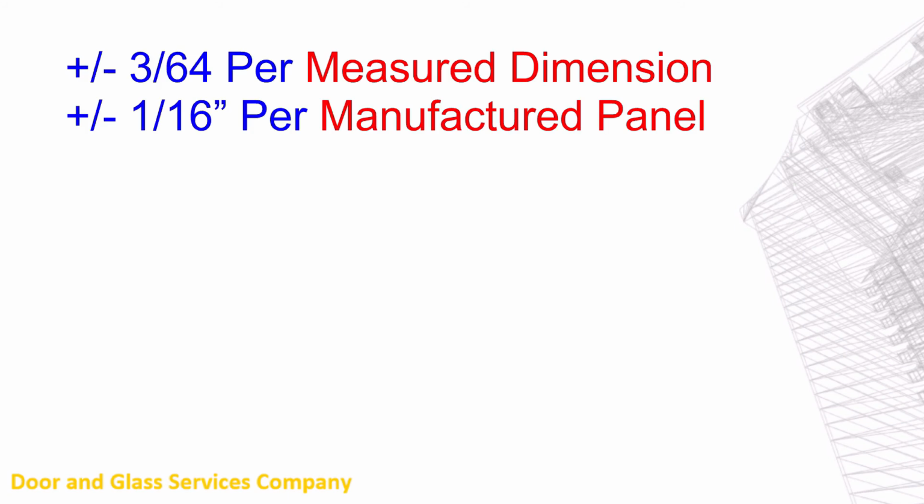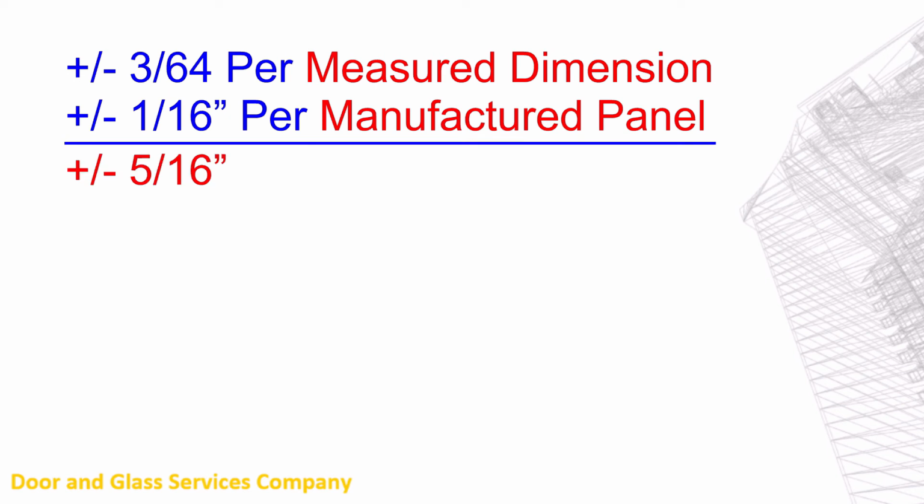When you consider that the measured dimension could vary by 3/64 of an inch, and that 4 panels could vary by 1/4 inch from the ordered dimension, the assembled product could be as much as 1/4 inch plus 3/64 different from what might otherwise have been intended by the architect's drawings.